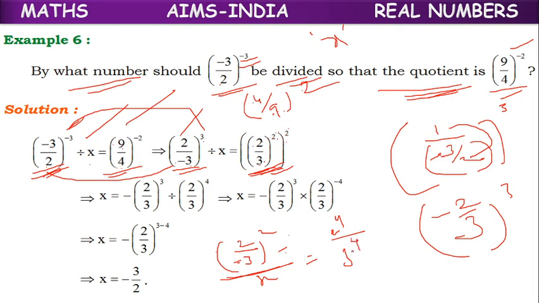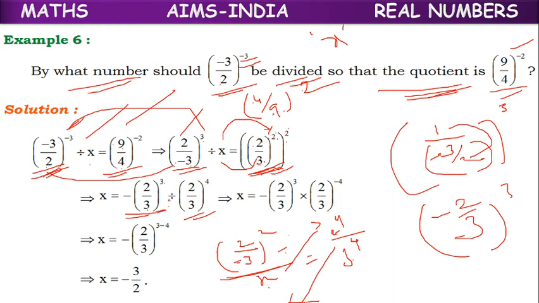Now we have to find the value of x. x will go here and this will come here. So that's why we can write (minus 2 by 3) whole cube divided by (2 by 3) whole to the power of 4, because this is coming this side and x is going that side.